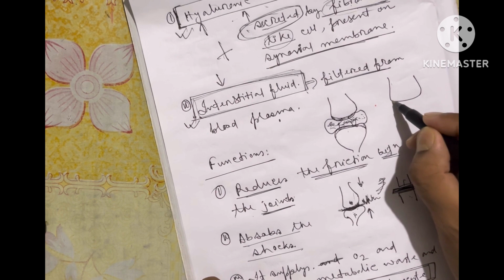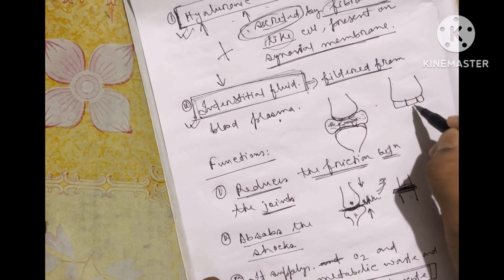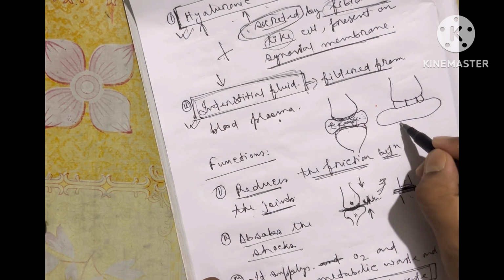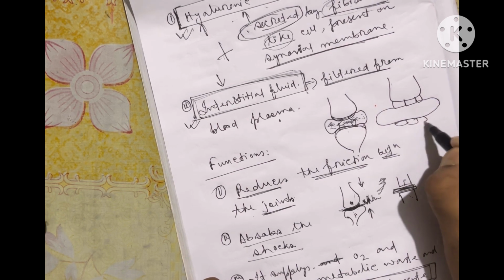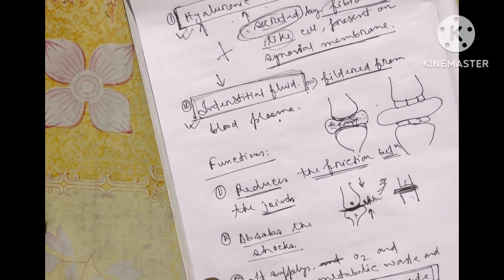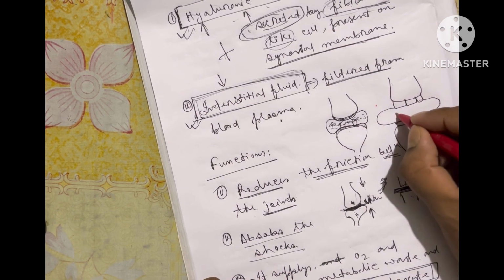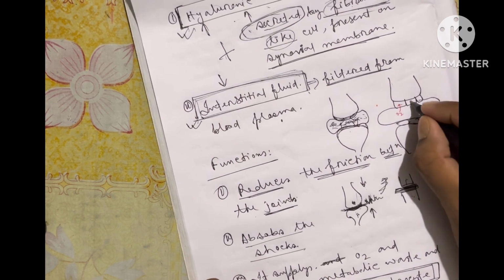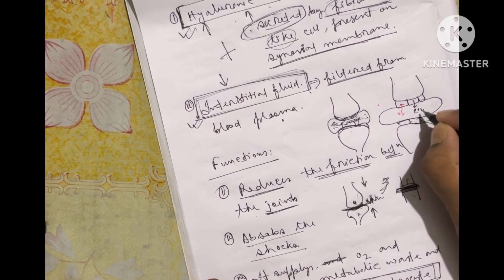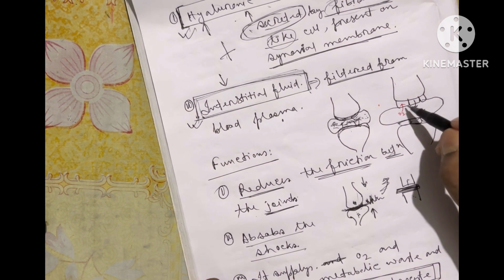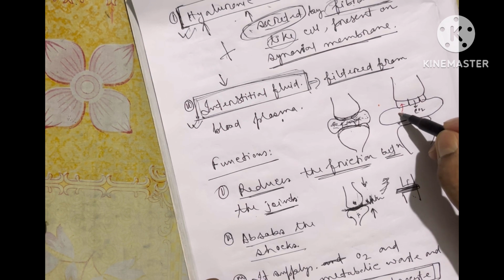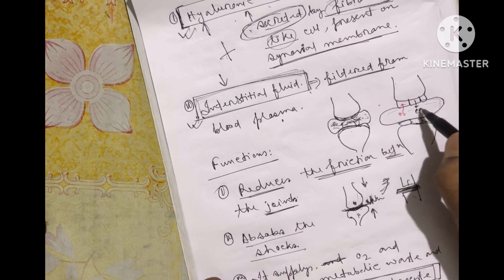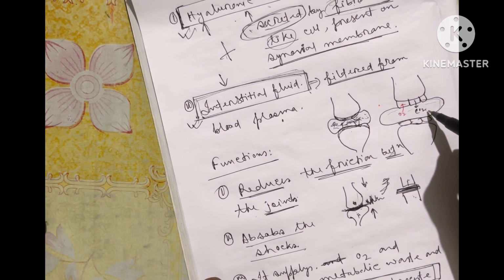For example, let's draw the diagram this way. This is the chondrocytes, this is our fluid-filled cavity, this is another chondrocytes, and this is our bone. So oxygen will go inside and carbon dioxide will come out from the chondrocyte. Oxygen is provided by the synovial cavity, and the synovial cavity is filled with synovial fluid.